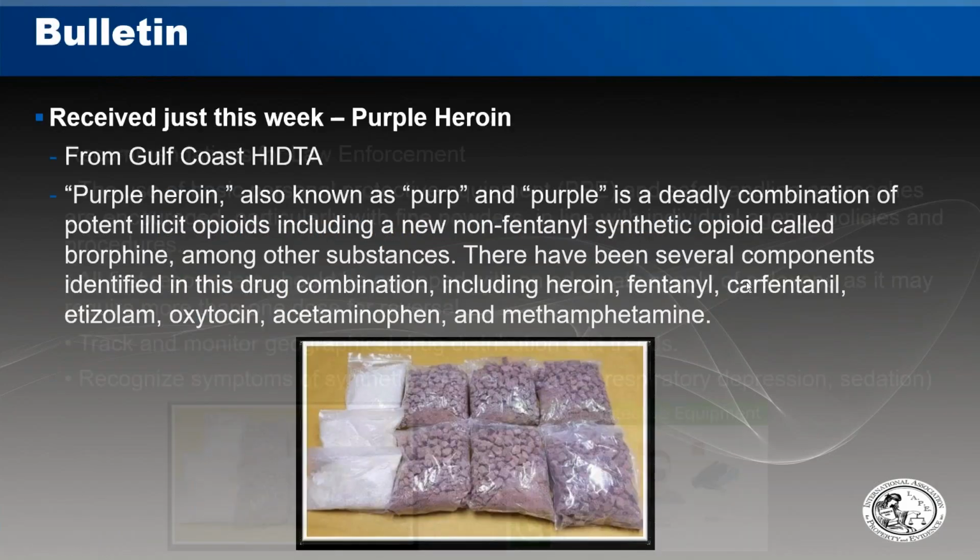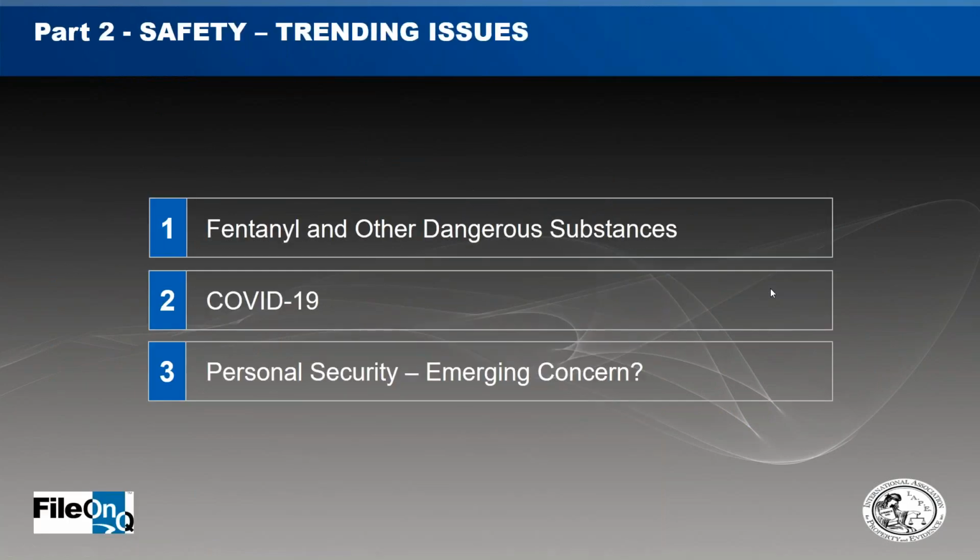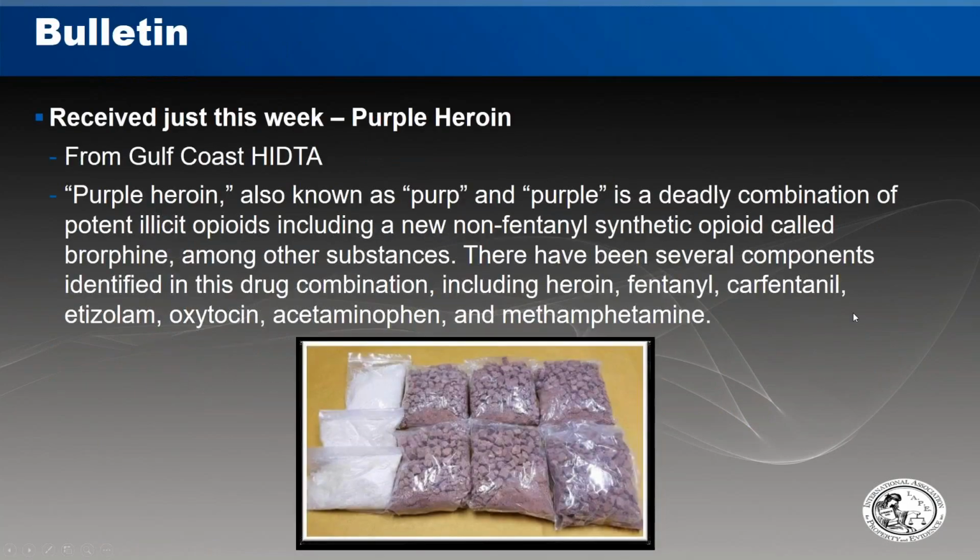So first of all, we received, I went too far, one more. We received just this week a bulletin from the Gulf Coast HIDA here in Florida. Purple heroin, also known as perp and purple, is a deadly combination of potent illicit opioids. A non-fentanyl synthetic is also being used in there, but there are other components, and it gets different mixes, so this is an evolving thing.